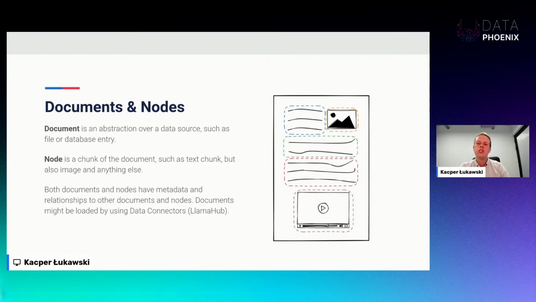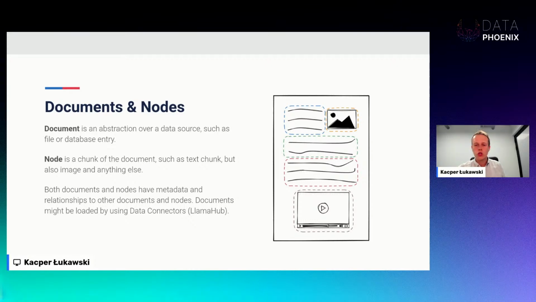And a document may consist of multiple nodes. As you may see in this example, let's say this is a website that has multiple paragraphs. It has an image. It has some sort of media like video. It may also consist of some tables. And a node is just a chunk of a document, a chunk that should semantically have meaning.